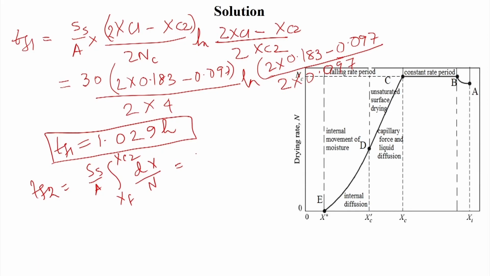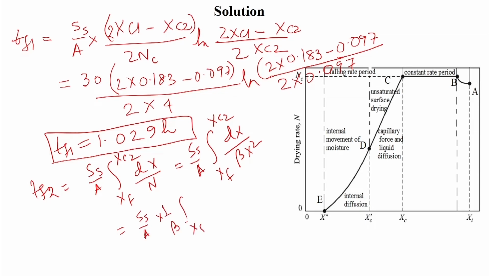So, Ss by A, integration XF to XC2 dx by beta x square, is equal to Ss by A into 1 by beta, integration XF to XC2 x to the power minus 2 dx.